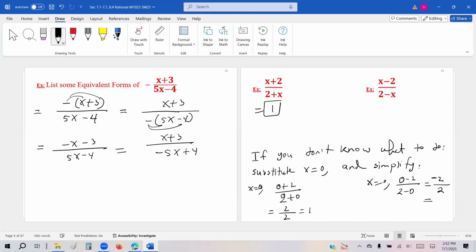And if you divide negative 2 over positive 2, what's the answer? Negative 1, right? It's negative 2 over positive 2. So here, yes, you can cancel, but the answer is negative 1.